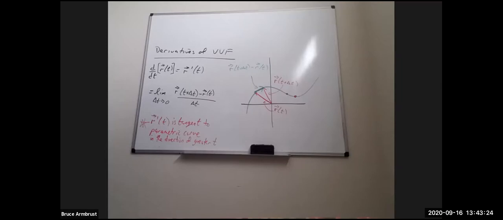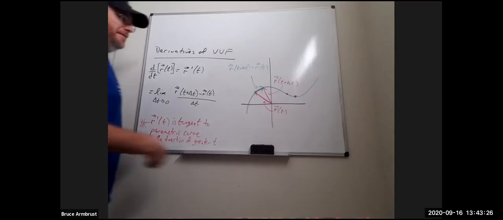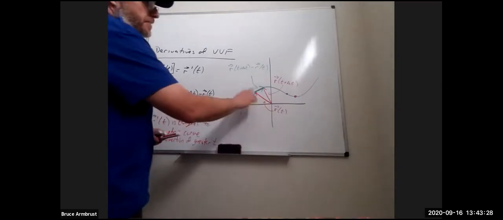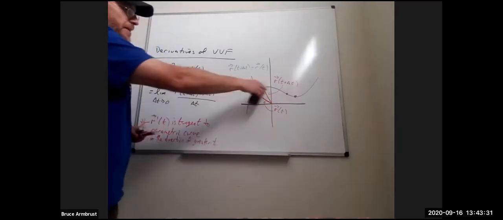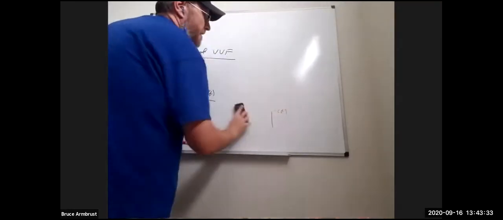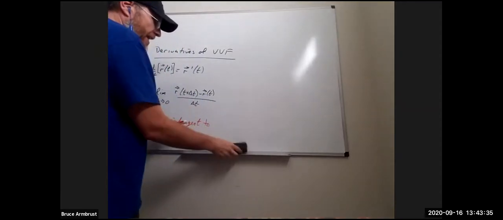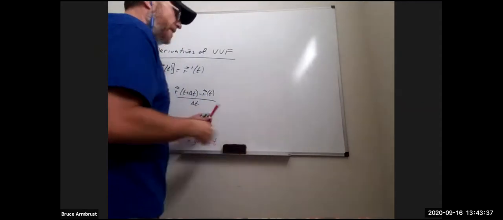Even better is this. Let me erase some of this stuff and clean up our picture a little bit, and let's just look at R of t, and we'll put in a vector.